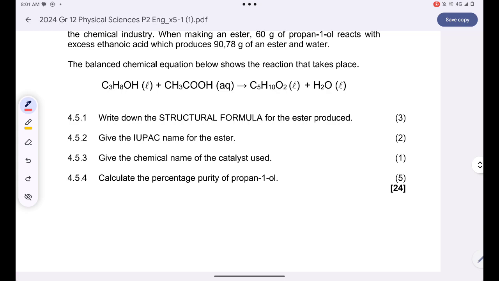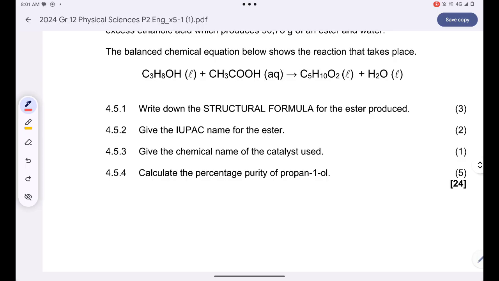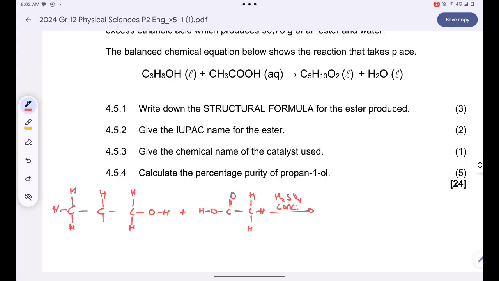Before we answer this question, guys, let's write down this equation by using structural formulas. I simply have propane, not propane rather, but propane-1-ol, and I'm reacting it with an excess of ethanoic acid, in the presence of concentrated sulfuric acid.